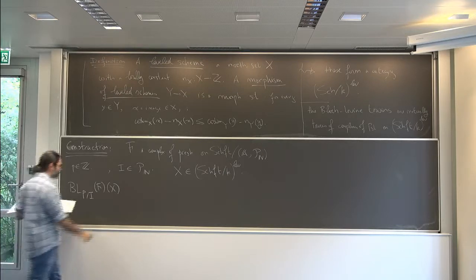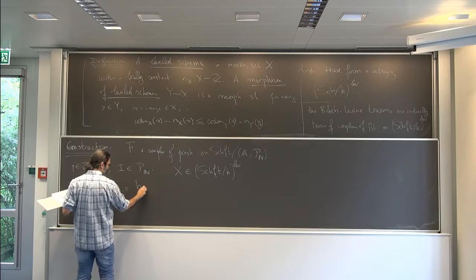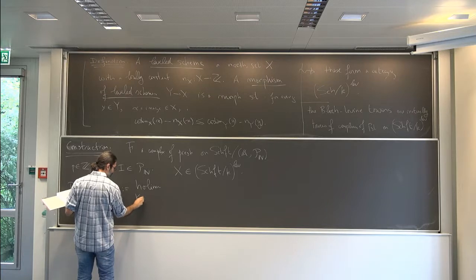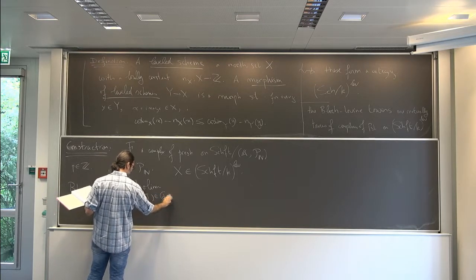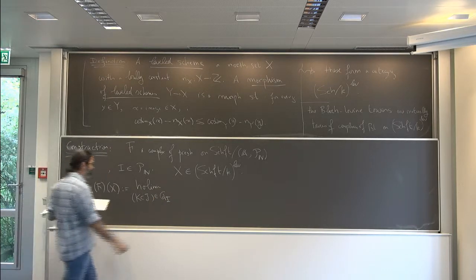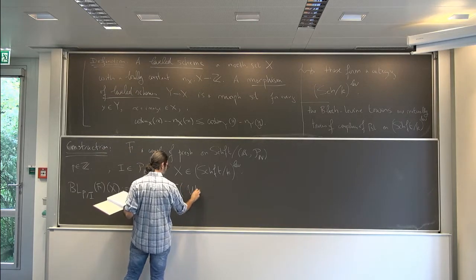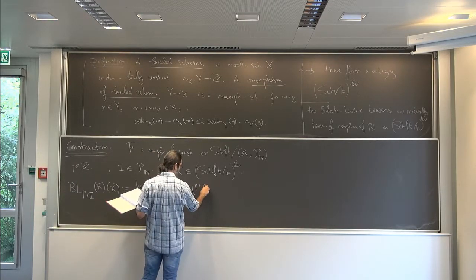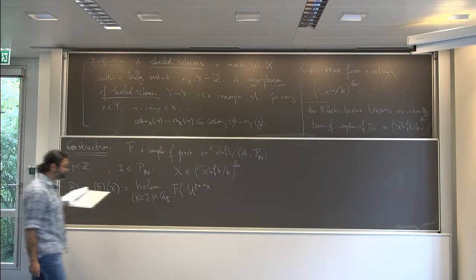So this will be by definition the homotopy limit over subsets G inside I of the following thing: F, the value of F at this pro-open subset, where I remove closed subsets of codimension bigger than p plus n_X plus 1.